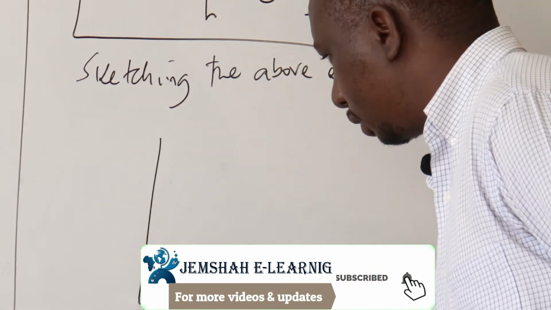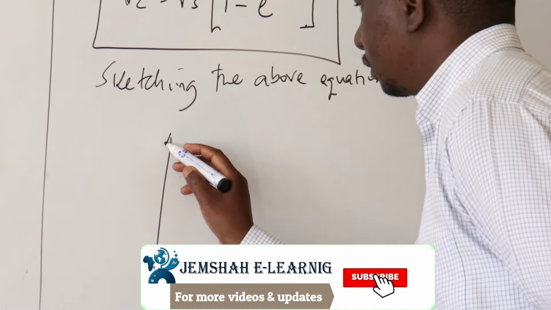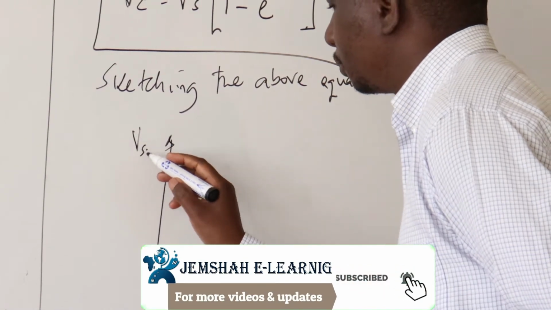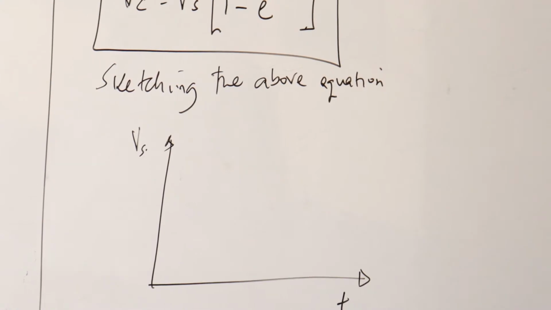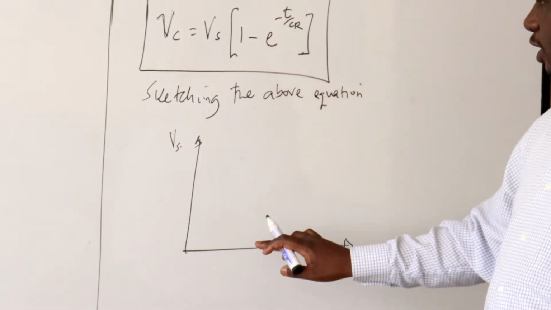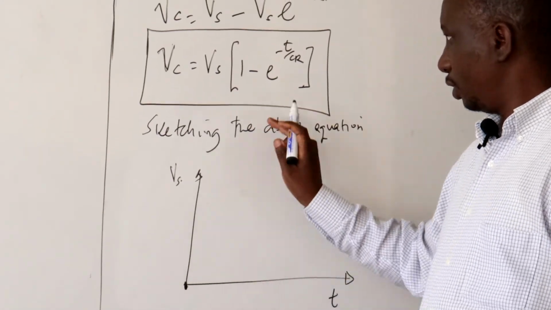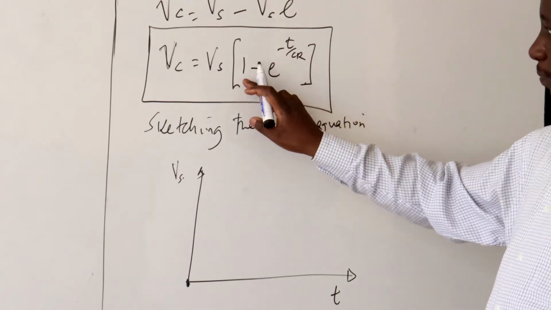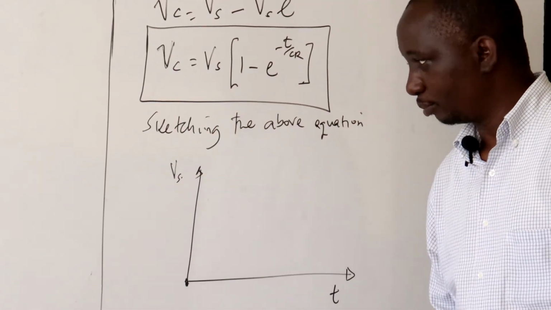So this is time and this is the voltage. When time t is equal to 0, from the expression, the voltage will be 0. So we shall be at this point here, because e raised to power 0 is 1. 1 minus 1 is 0, then V is supposed to be 0. We shall be at the starting point.